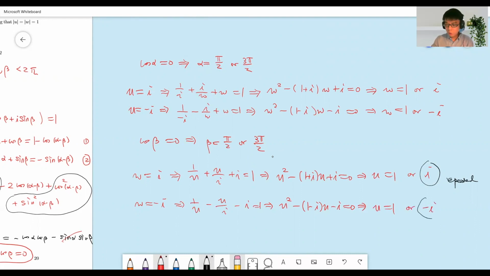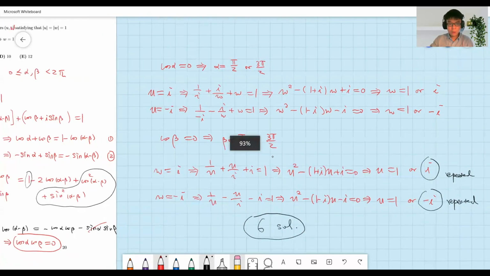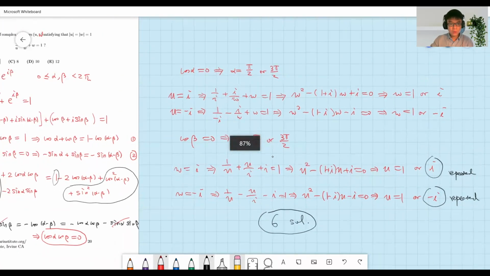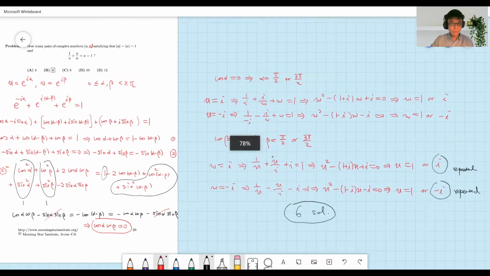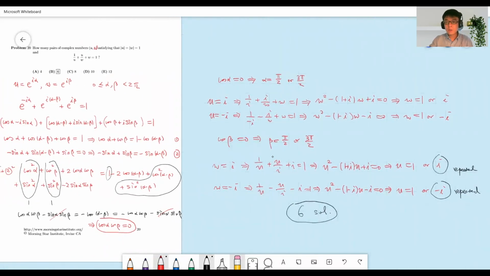Again, this minus i is also repeated, because when u equals minus i, we solved w equals minus i, repeated. And in total we have 6 distinct solutions, 8 minus 2, 6 solutions. Right? That's the answer to this question. Okay, that's all for the solutions.